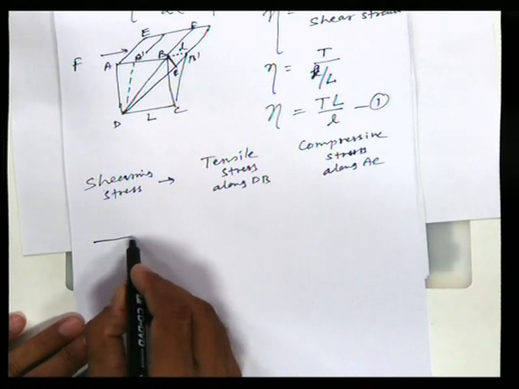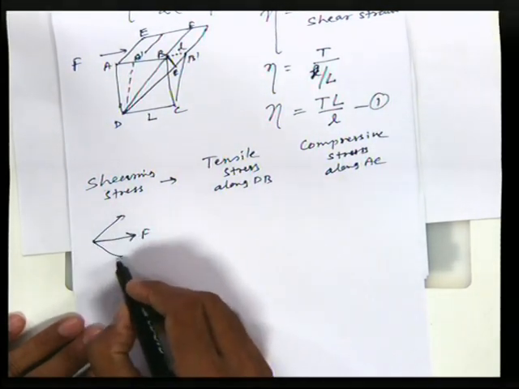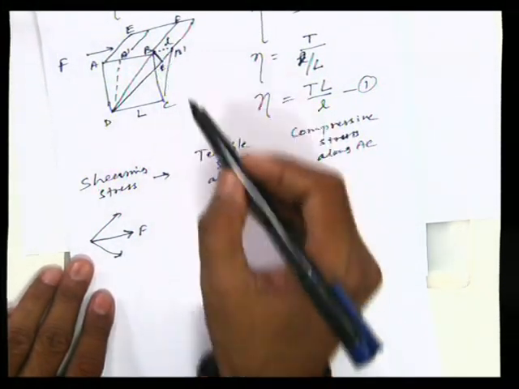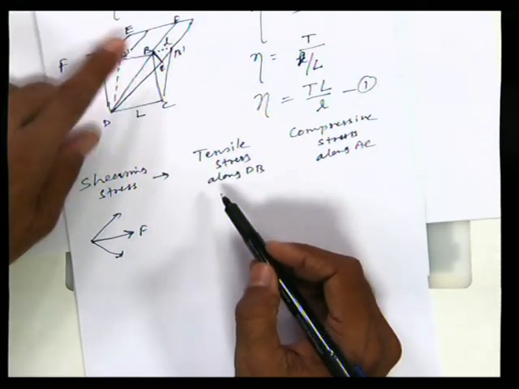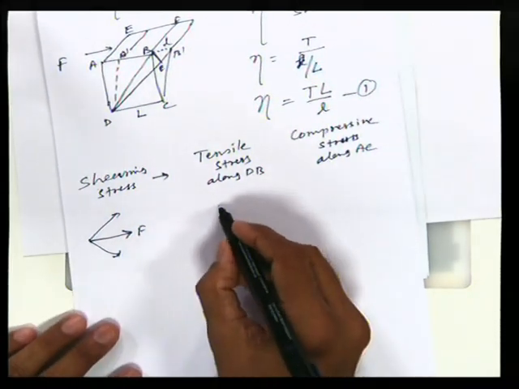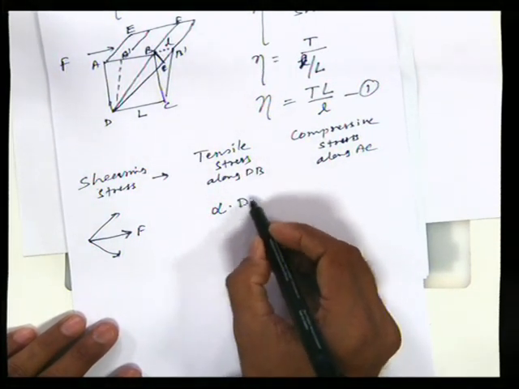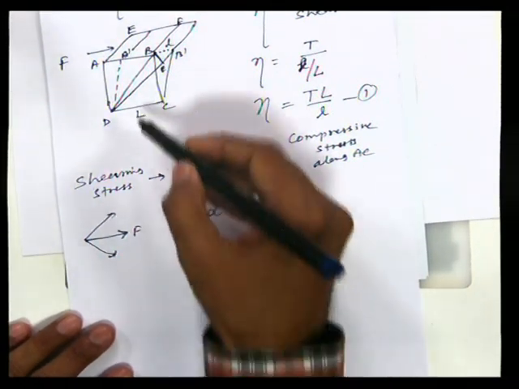Basically, if any force is applied, there are two components. One component is parallel to dB, so it will increase the length of diagonal dB. So this part I can write as alpha into dB into T. T is applied tension, dB is length.